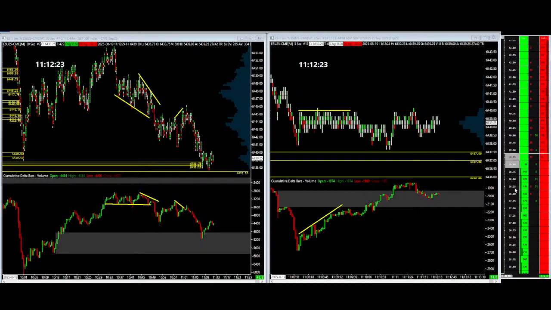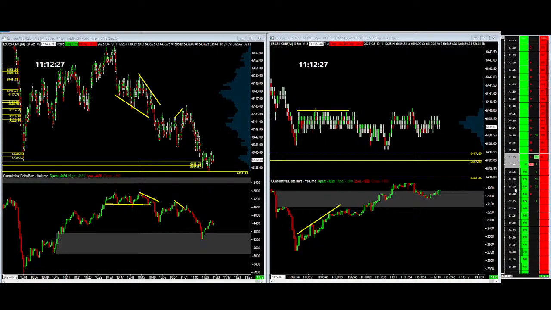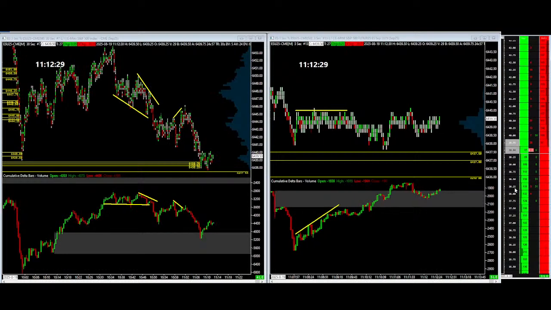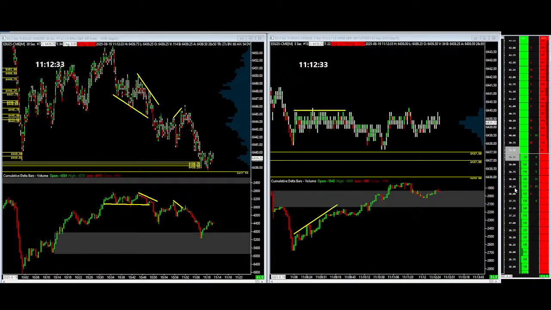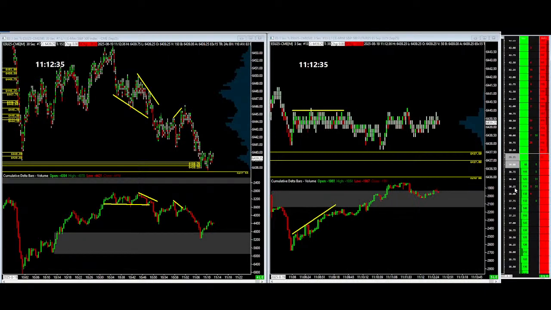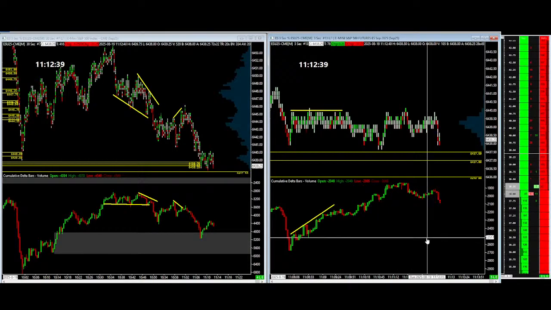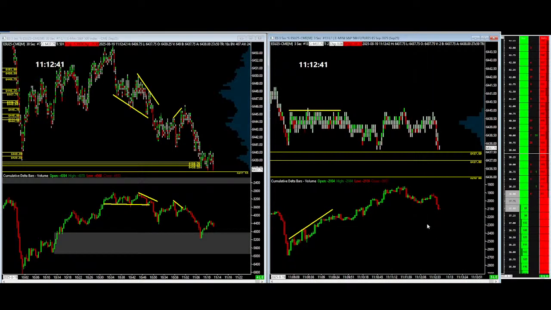Took a 1 tick loss. Wait, were you at 39.50? 39. Okay. So delete your shaded box on the 3-second. It's all right. It's just a drill.